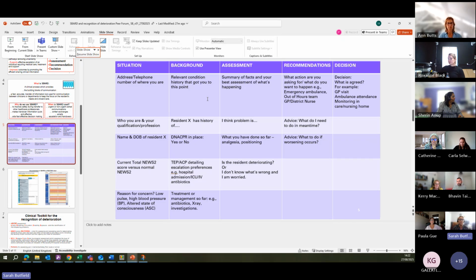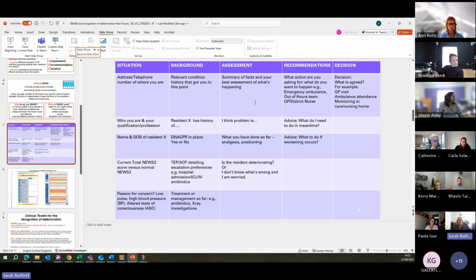Is there an advanced care plan? Are there directives as to resident and relatives' wishes? And what are we looking for, or what are we allowed to look for in the way of outcomes? Is it someone who wants to be hospitalised? Is it someone who wants to have active treatment? Or are we looking for some sort of palliative support for somebody in this situation?